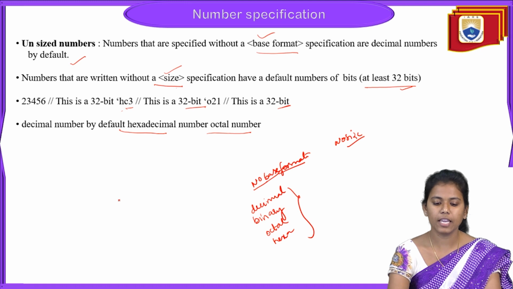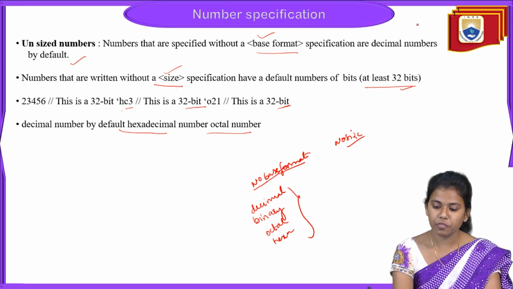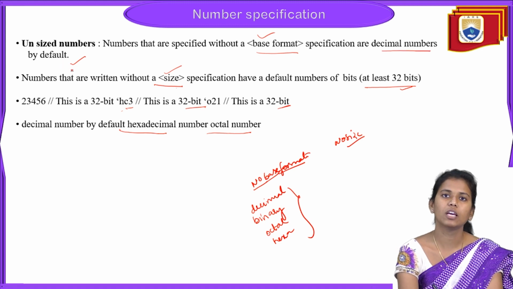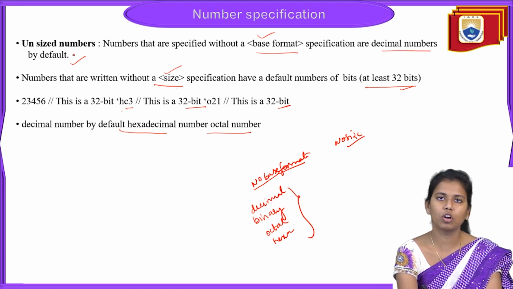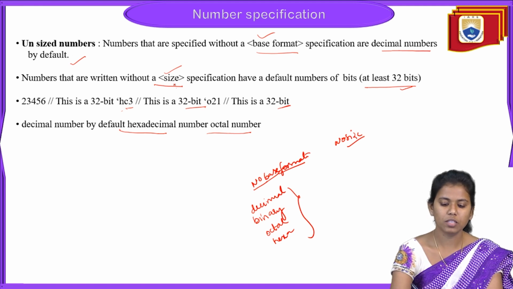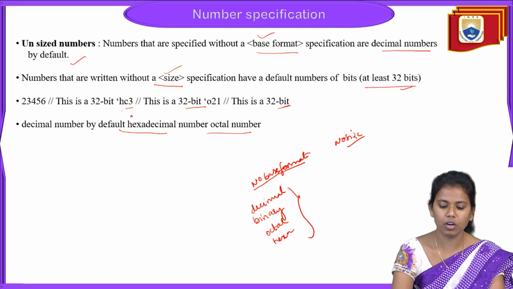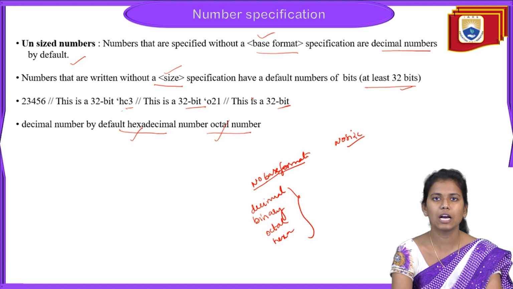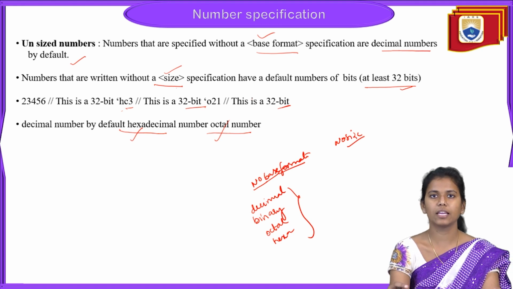So here we are saying that numbers that are specified without a base format are decimal numbers by default, and they can also be hexadecimal or octal numbers. This is how we represent the unsized numbers.